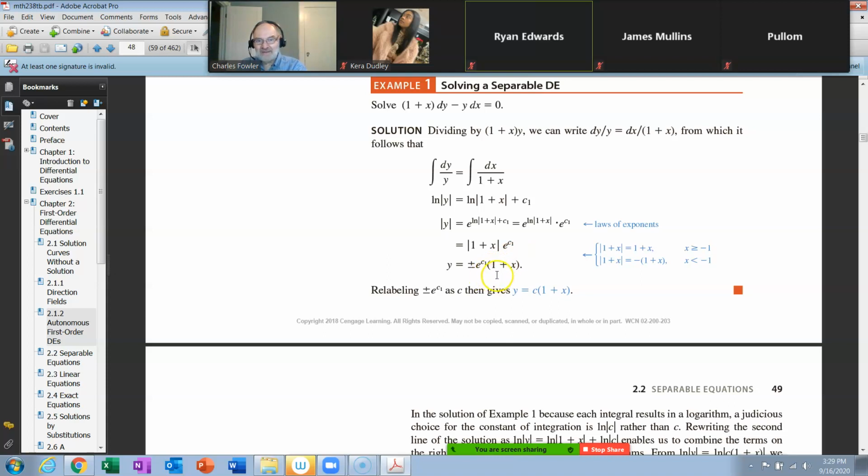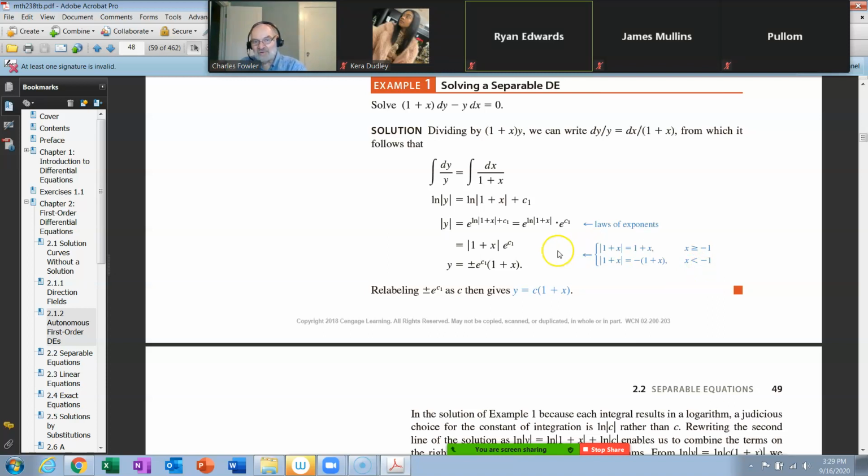Now, here's the part we kind of fudged on. This was absolute value, that was absolute value. This is 1 plus x anytime x is greater than or equal to -1. This is minus 1 plus x anytime x is less than -1.